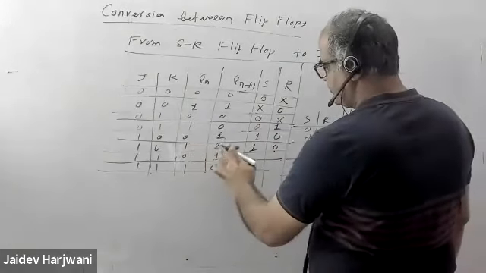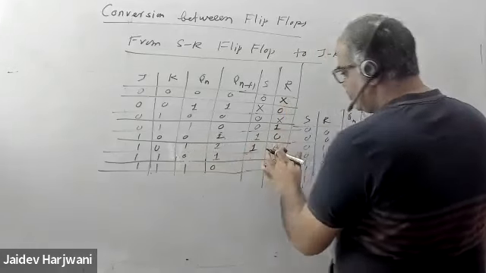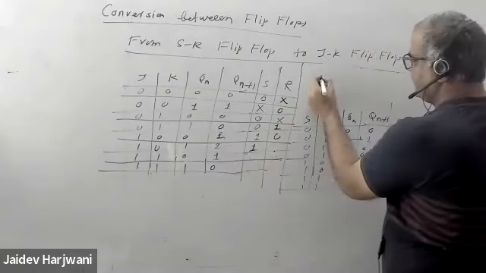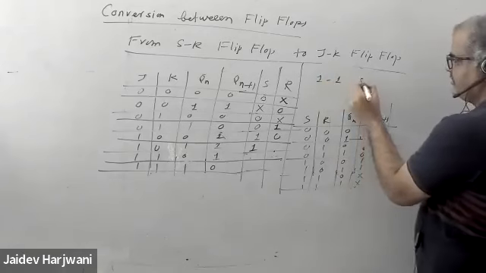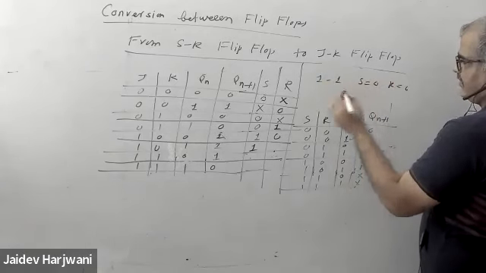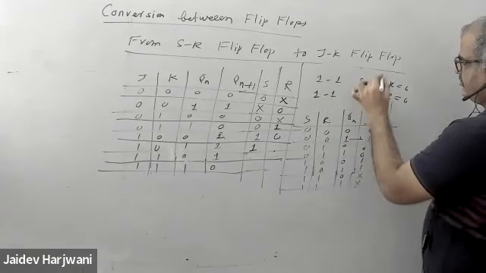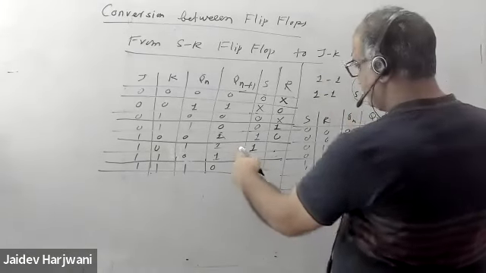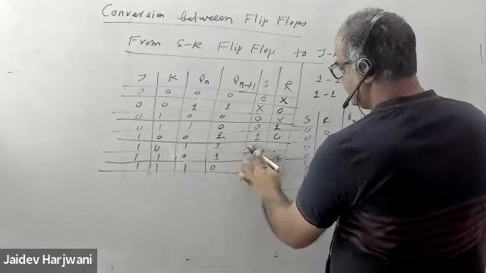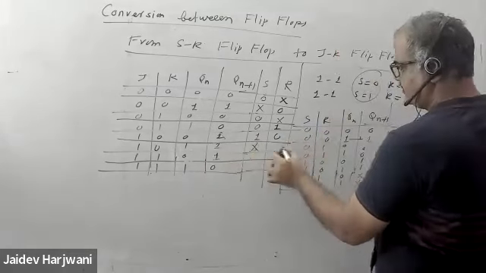So 1 1, 1 1 से कब आता है? नो चेंज कंडीशन. नो चेंज 1 1 कब आता है? S 0 R 0. Okay, and 1 1 का आता है जब S equal to 1 R equals to 0. So your S is varying. Okay, so 1 to 1 your S is varying, but your R is 0.